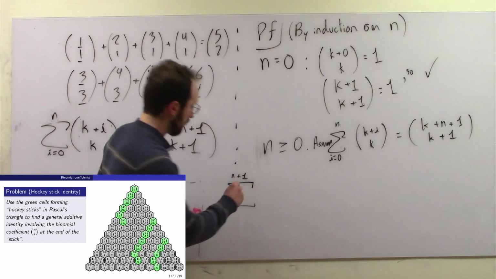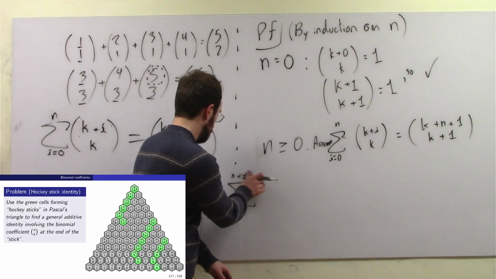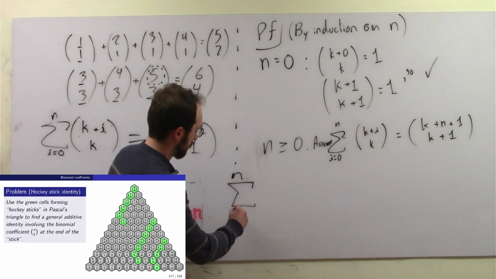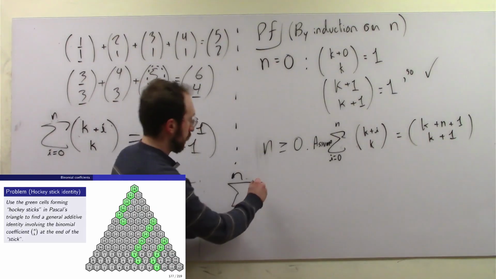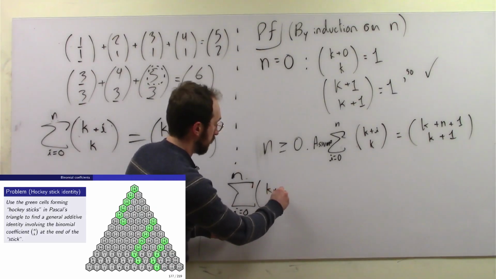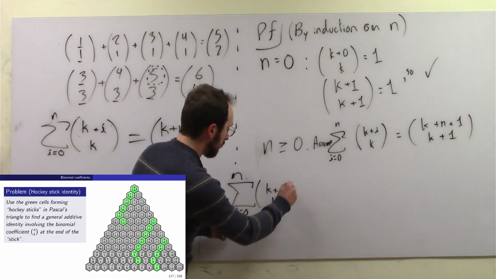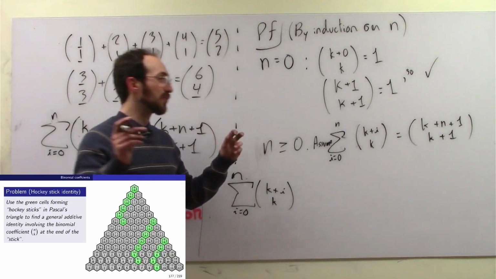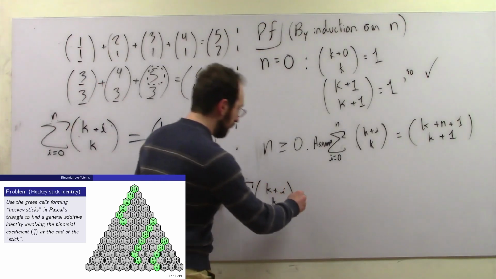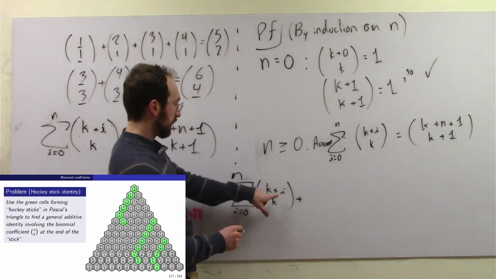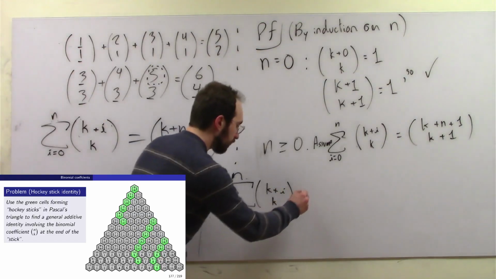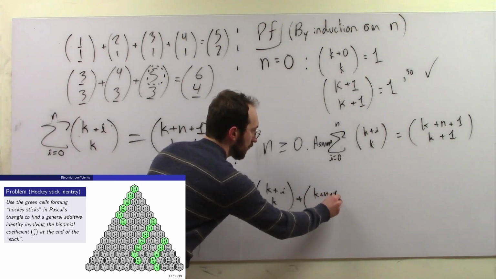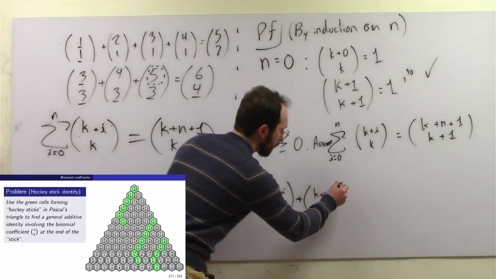We are going to add to k plus i choose k the n plus 1th potential term here, whatever that would be. That would just be k plus n plus 1 choose k.